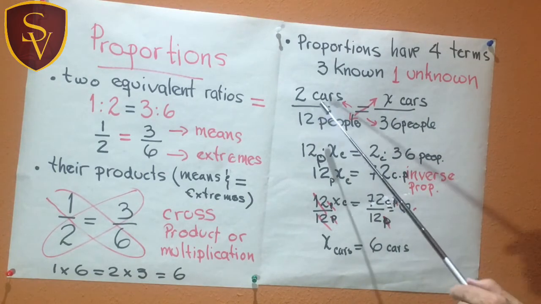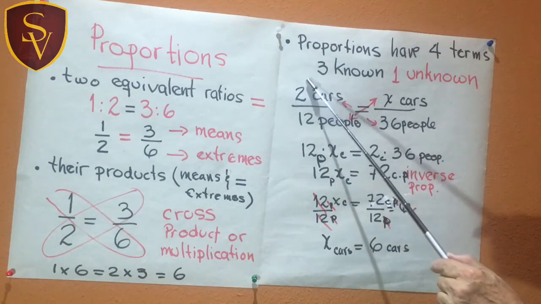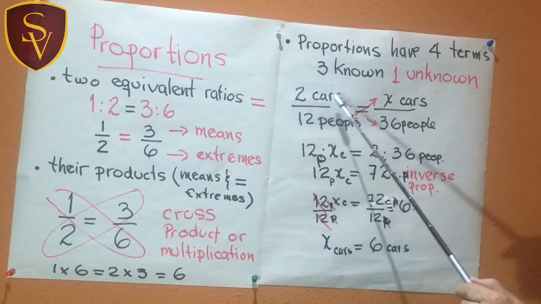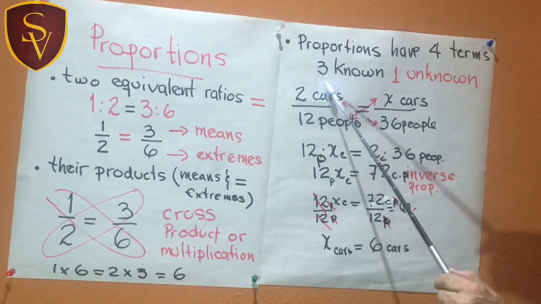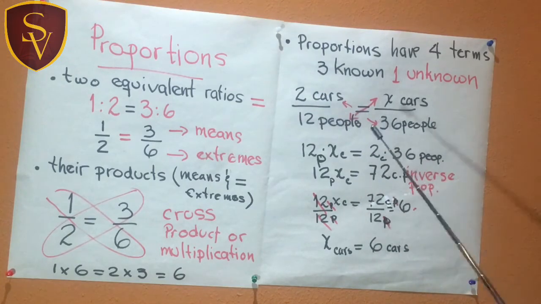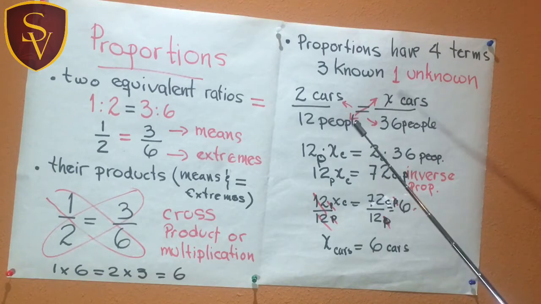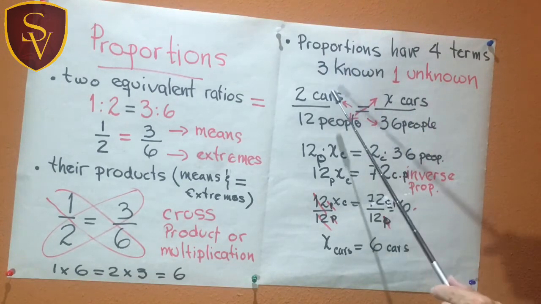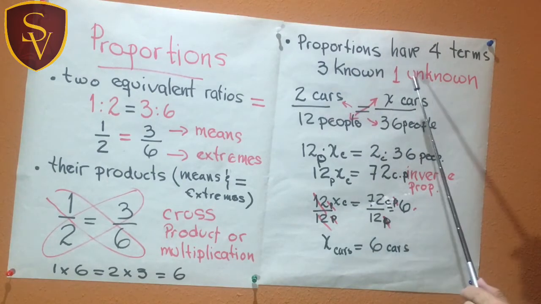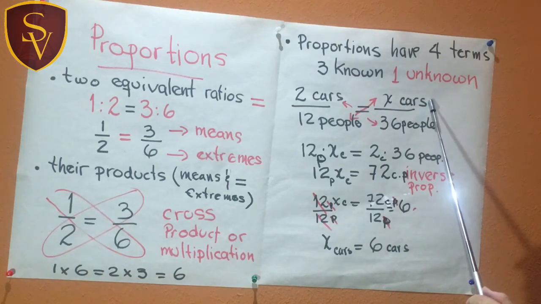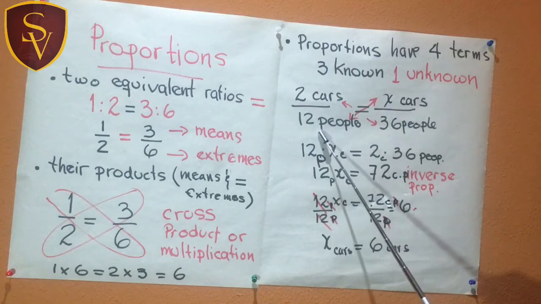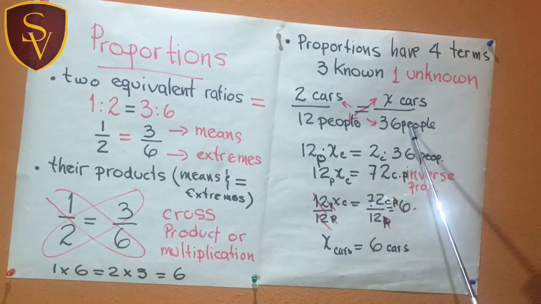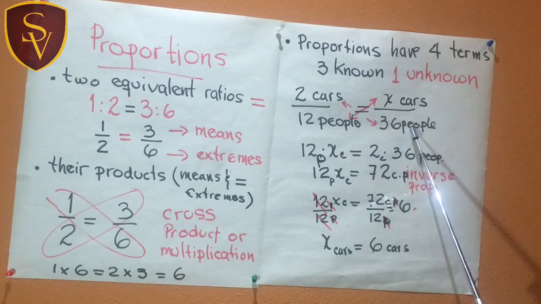As you can see, I am not only writing numbers, but I am also writing units or objects. The most important part is that if I put cars on top, I should also put cars on top in the second proportion. If I put people at the bottom of the first proportion, people should also go at the bottom of the second.